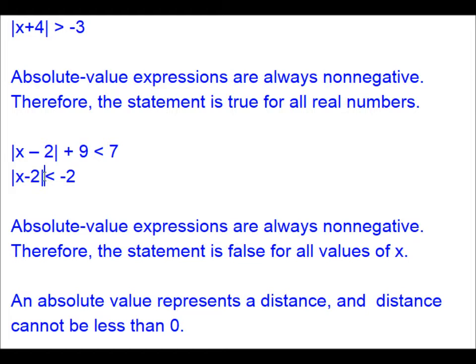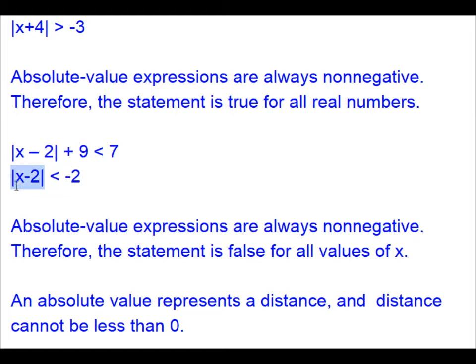This is not true because, as we understood in the past example, the absolute value of any expression is always positive. So this positive number cannot be less than a negative number. Therefore, this statement is false for all values of x, because this cannot be true.